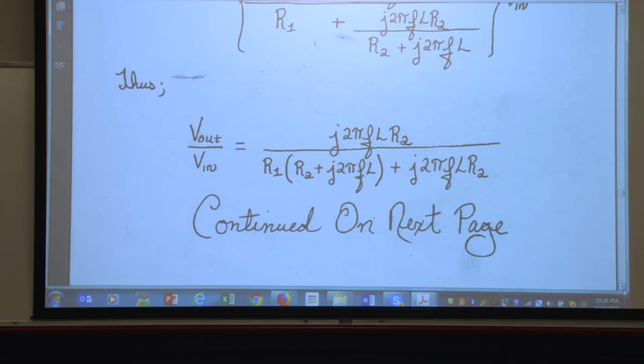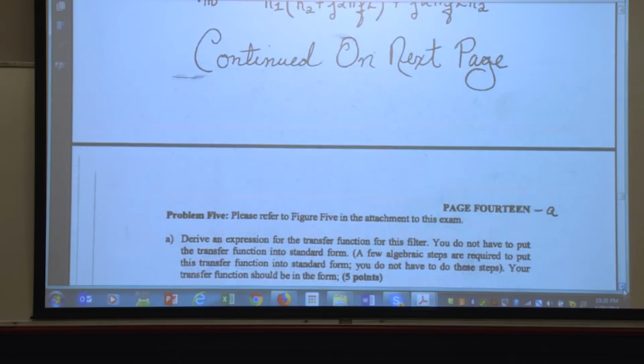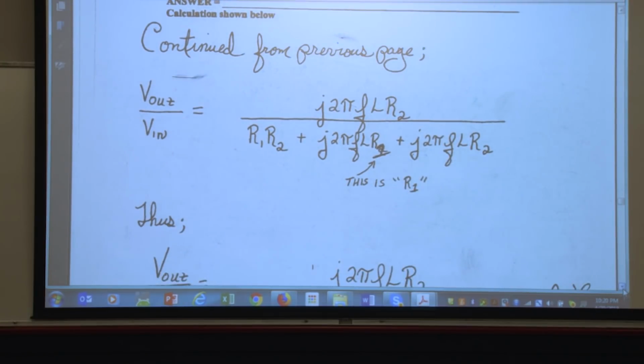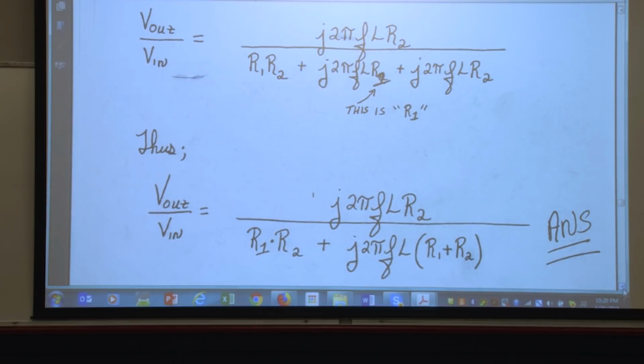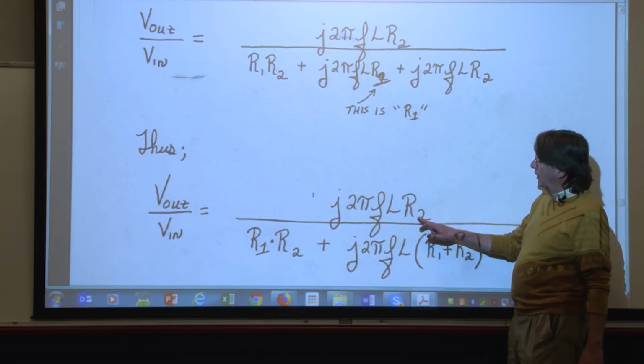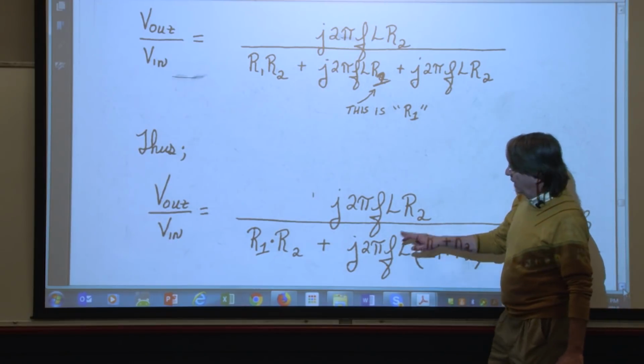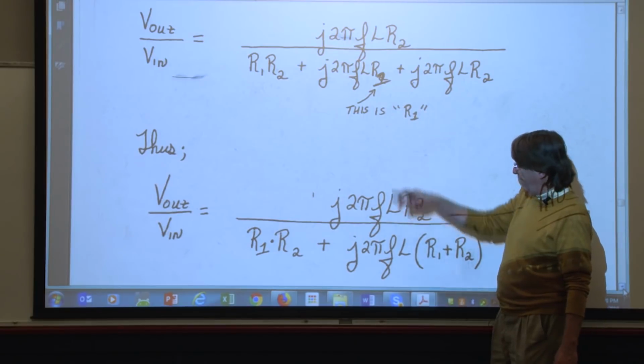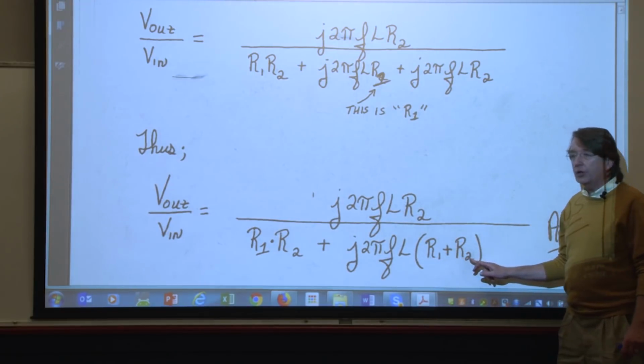we have V out over V in. It's not exactly the form I had requested. So what we do is we just write this as J 2 pi FL R2 over R1 plus R2 plus J 2 pi FL R1 plus R2.